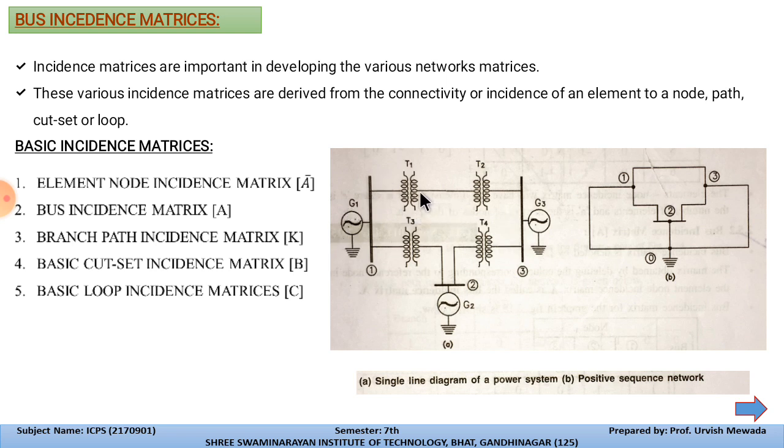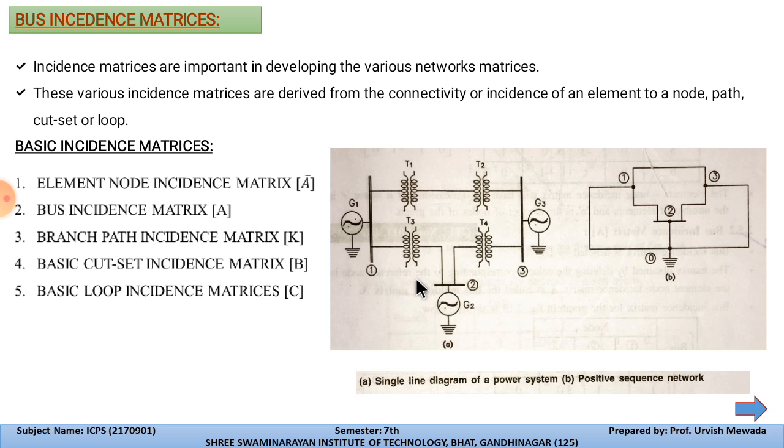Now here only one network is drawn having three generators, but we are talking about a large system having a number of generators, or we can say an infinite number of generators. So this circuit will become complex.